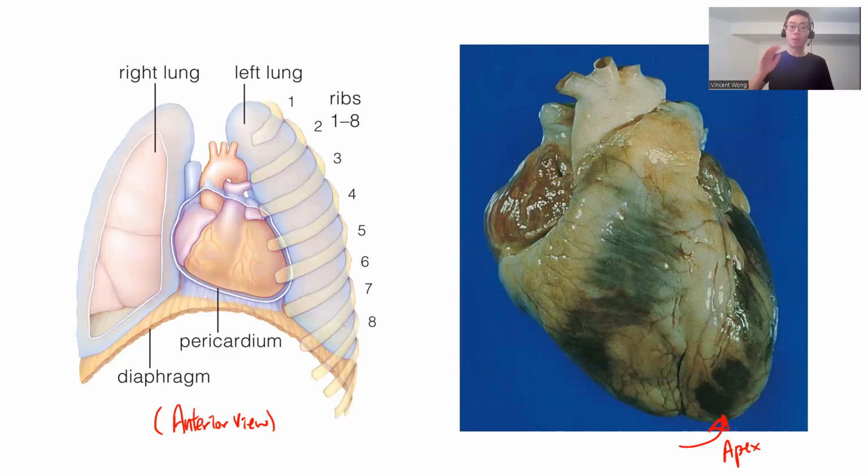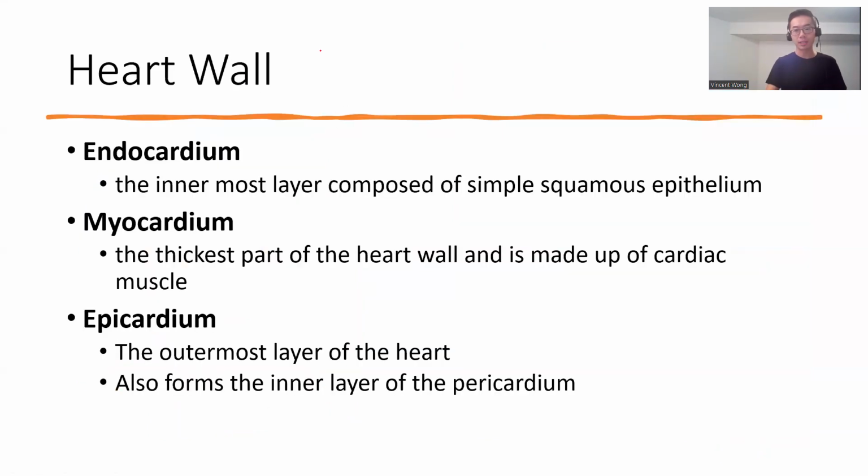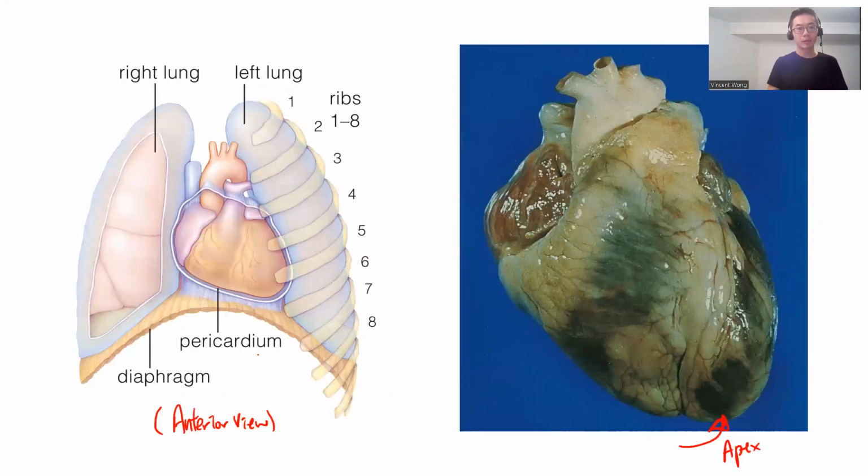On the page, the right side of the diagram is actually the left side of the structure, and you have to be cognizant of that, because when you label things on a diagram, you have to put right and left. So make sure you know if you're looking at it from an anterior view, the right is the left and the left is the right.